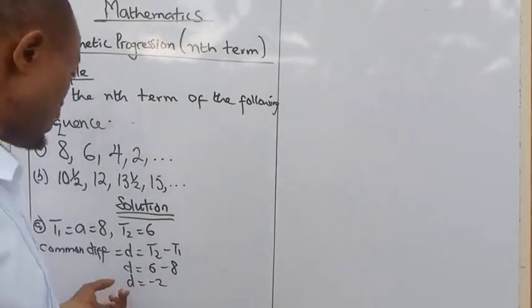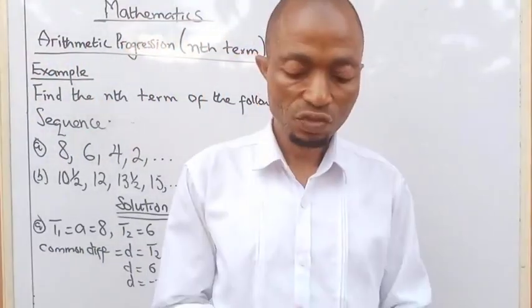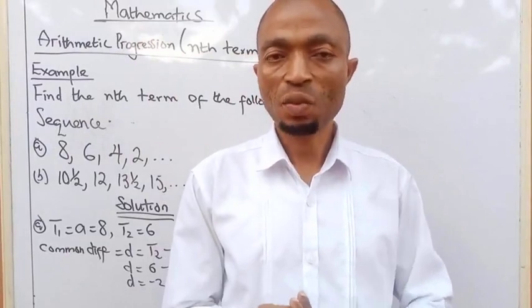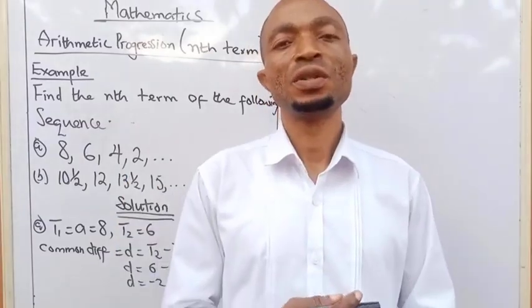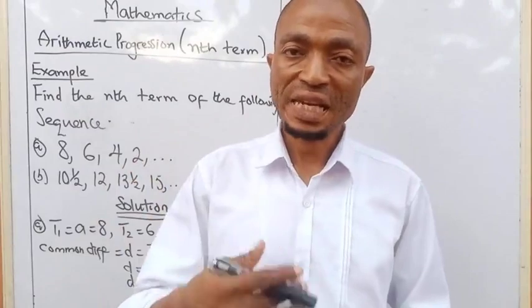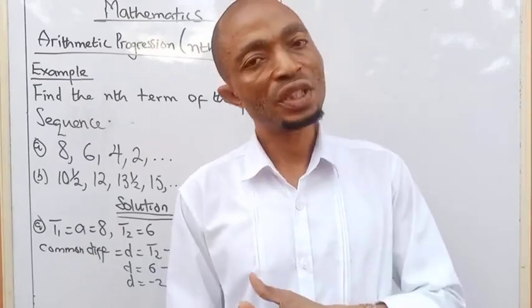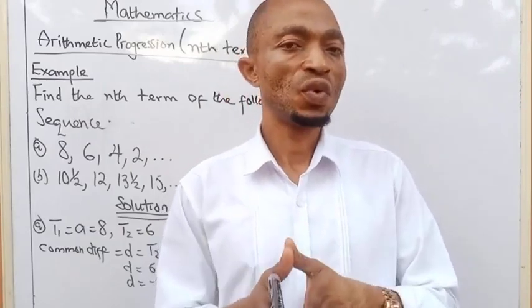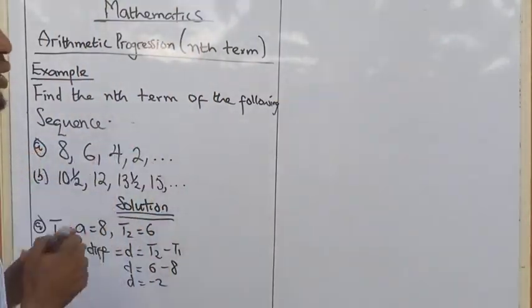So far we have known our first term. We also know the common difference. So we can find the nth term of the AP we are given here. Nth term means number of term. So we are looking for the formula for number of term for this sequence.